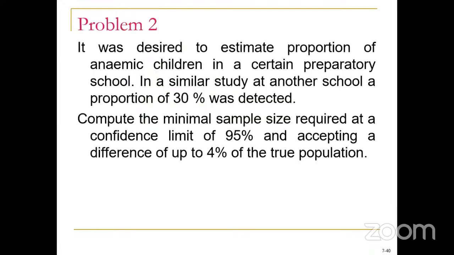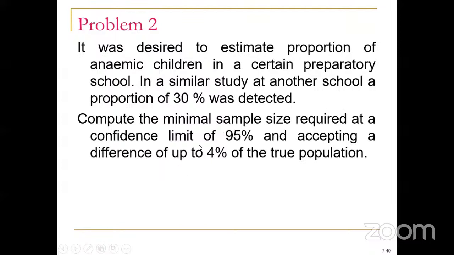Similarly, in the case of a proportionate study, a qualitative study, the problem says that it was desired to estimate the proportion of anemic children in a certain preparatory school. In a similar study at another school, the proportion detected was 30%. So pi is 30%. We have to compute the minimum sample size at the level of 95% for accepting a difference up to 4%.